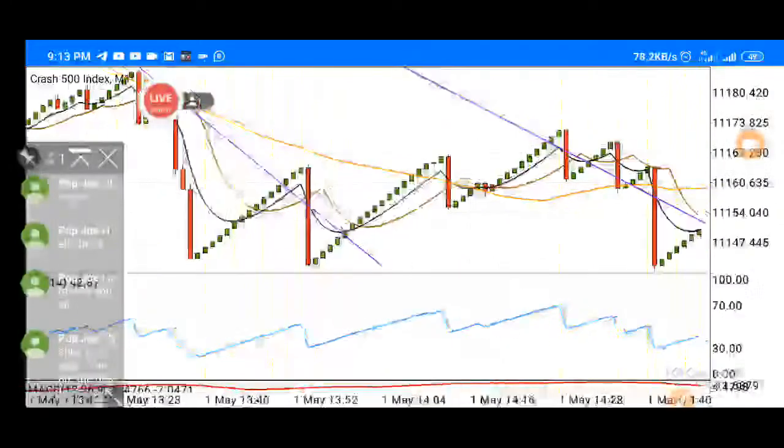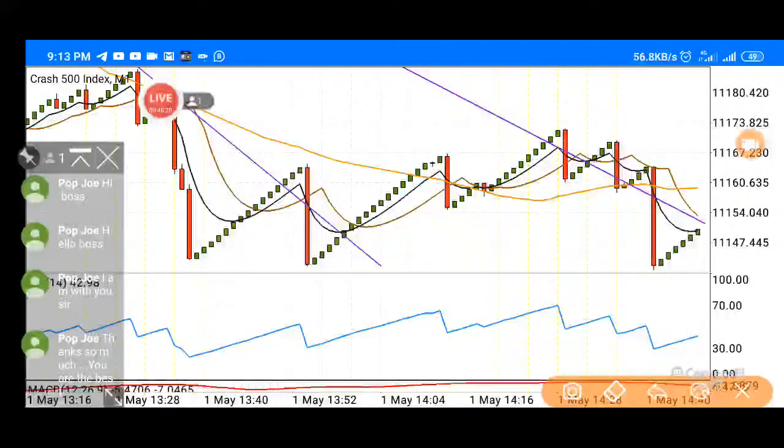Okay, see what happened here. It would have entered at this level. It only broke with 2 candles, so you would have caught this little spike. Or maybe if you waited for all this to happen, you would have caught this bigger one.